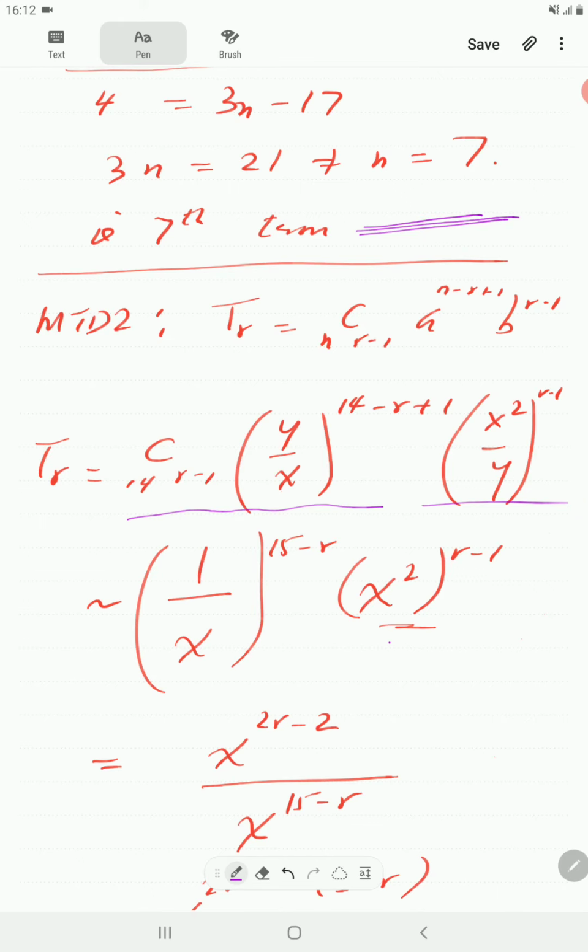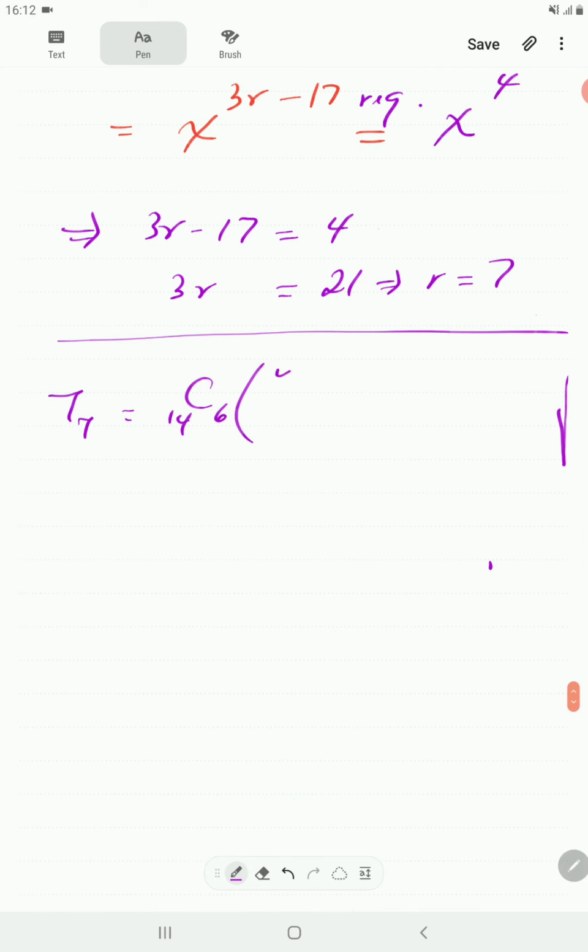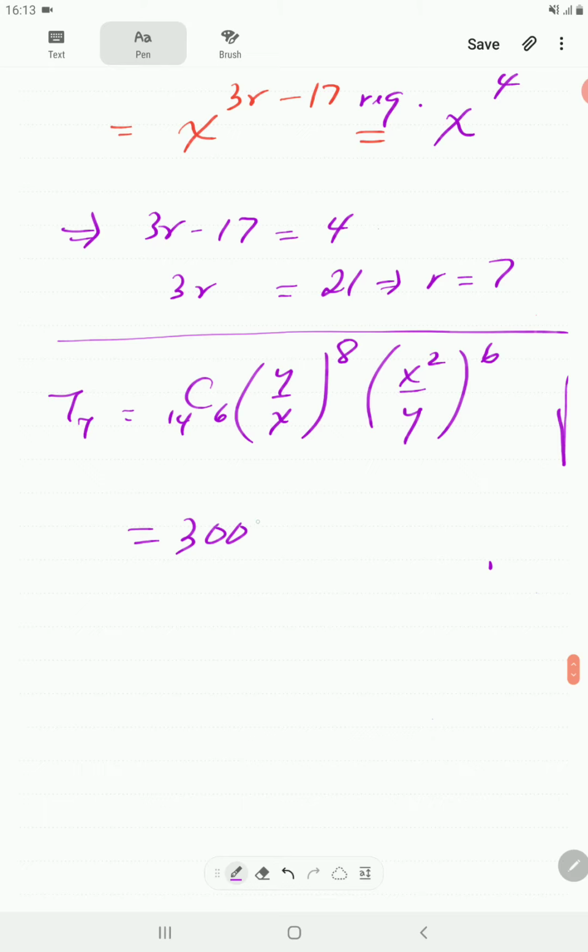So we're going to have y over x, x squared over y to the power 6 here. Then this one is going to be 8, because 8 plus 6 is 14. Then we need to work out combinations of 14, taking 6 at a time. It's going to give us 3003.